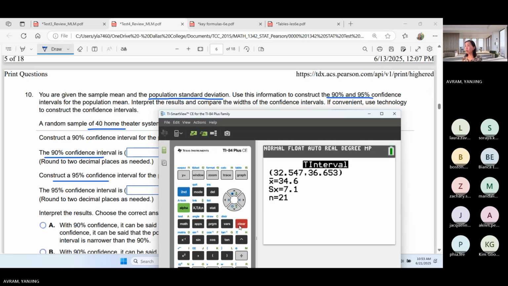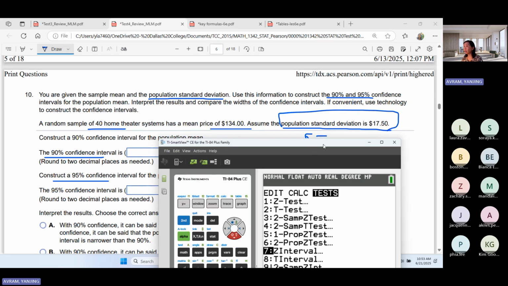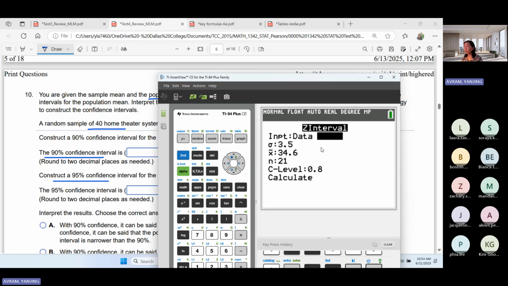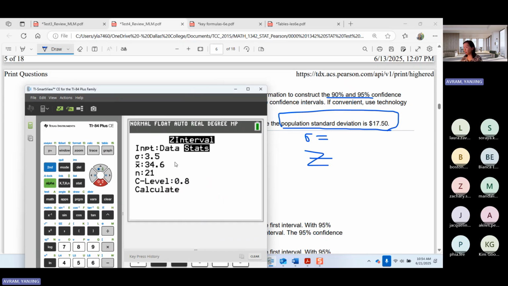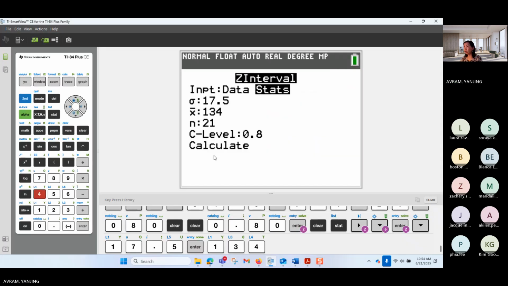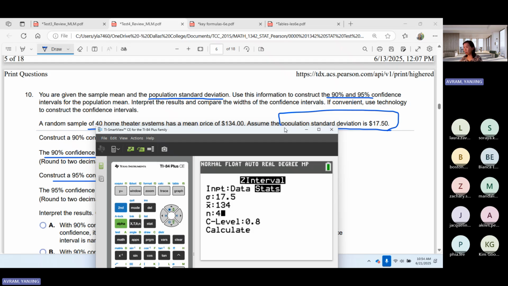So I go to stat, test, and remember, we want to use the Z interval because the population standard deviation is given. Make sure we enter. We don't have raw data, so we're going to use the stats. We know the sigma, which is 17.5, the X bar, which is 134, and the N, which is 40.